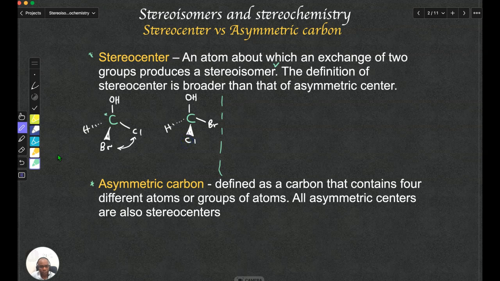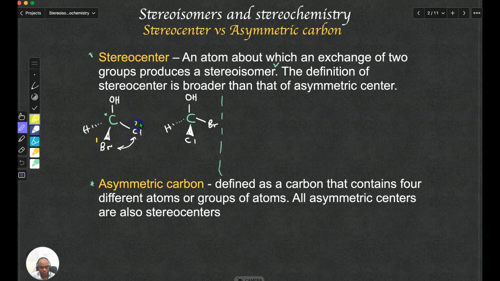And by the way, when assigning R and S stereoisomerism, we will discover that we assign the elements attached to the chiral carbon priority based on the atomic numbers.